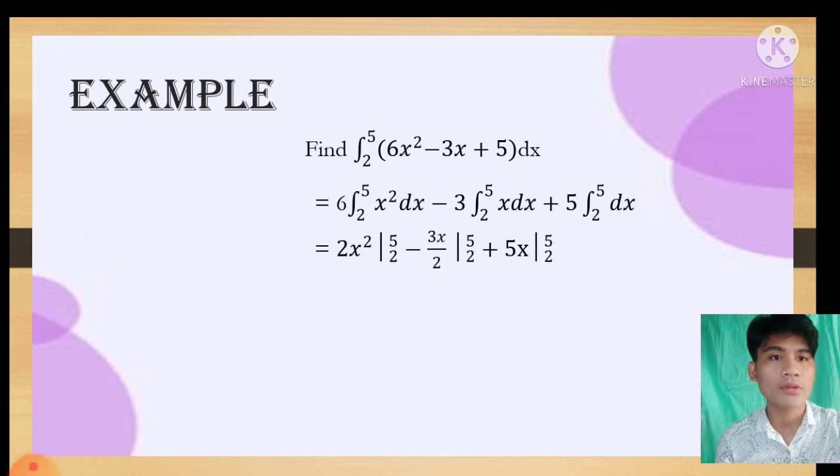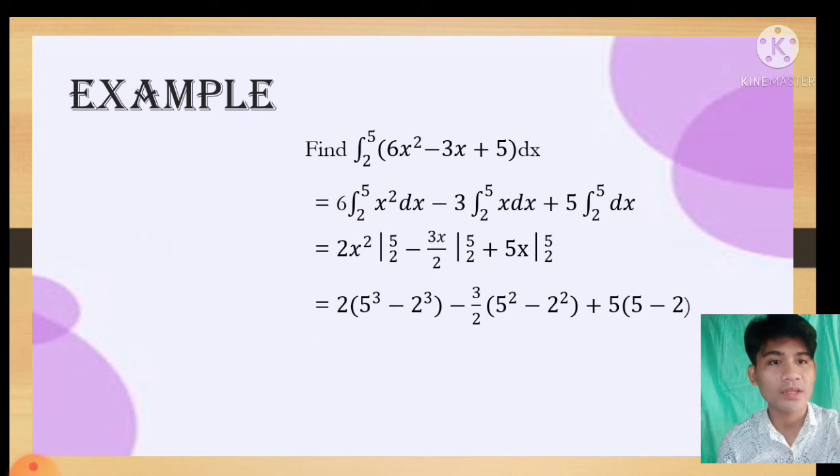So here we came up with 2x cubed, and then from 2 to 5 minus 3x squared all over 2 from 2 to 5 plus 5x from 2 to 5.